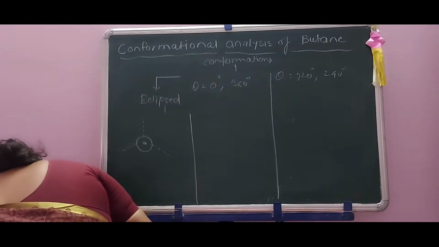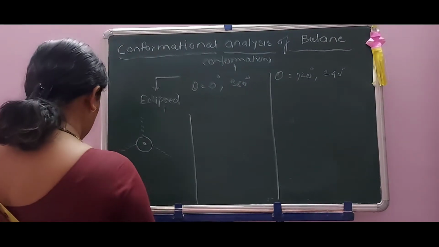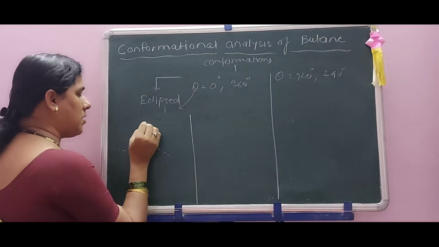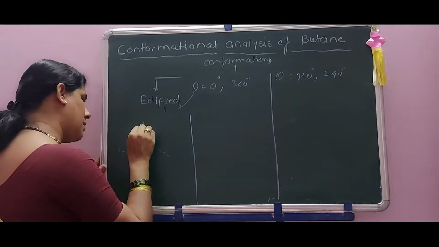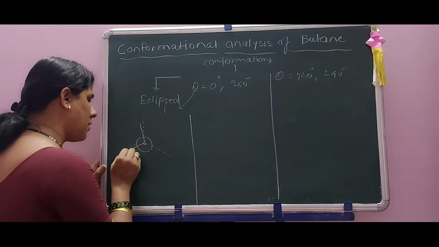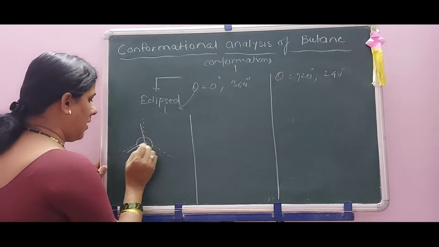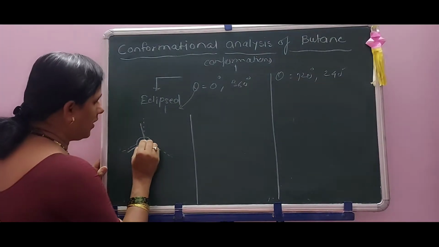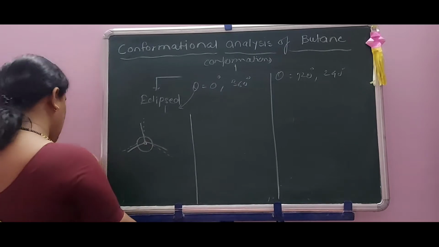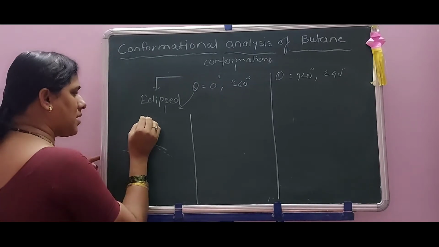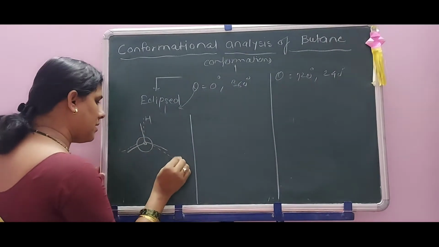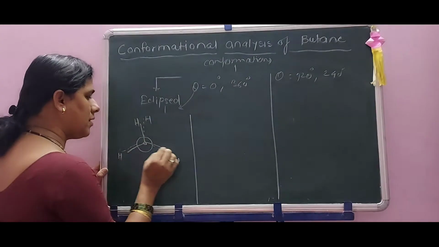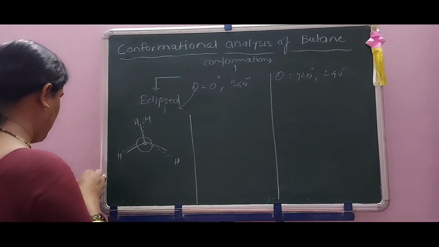Then with the help of different chalks, it is fully eclipsed, theta equal to 0. You can draw it like this. Thus the hydrogens are repeating here. This is H of the rear carbon atom, and this is H of the front carbon atom.